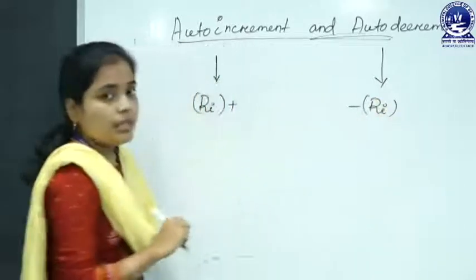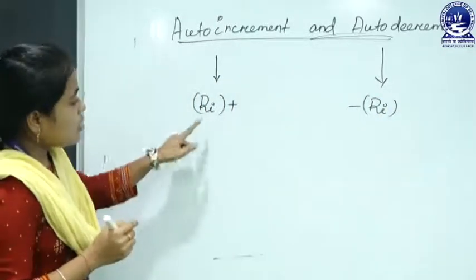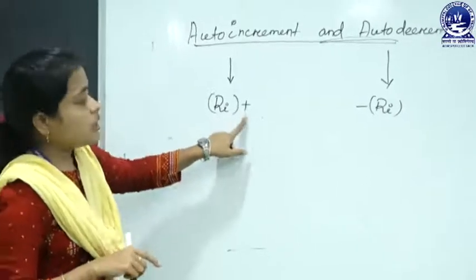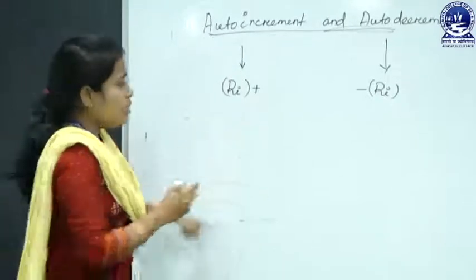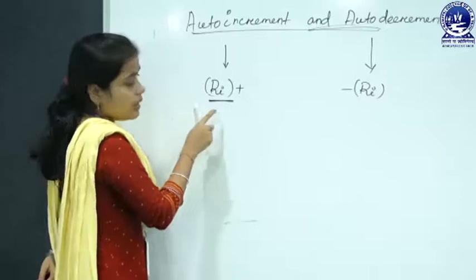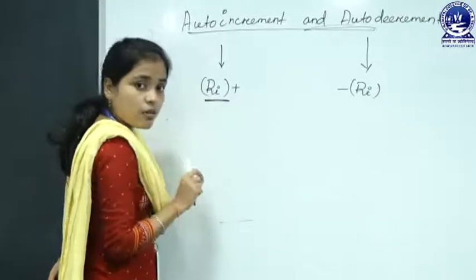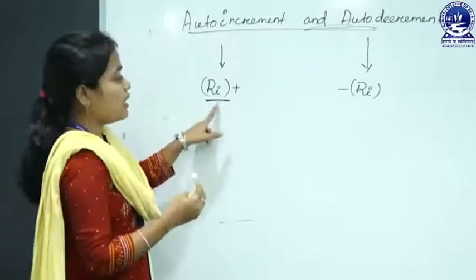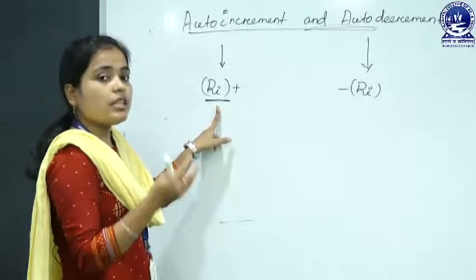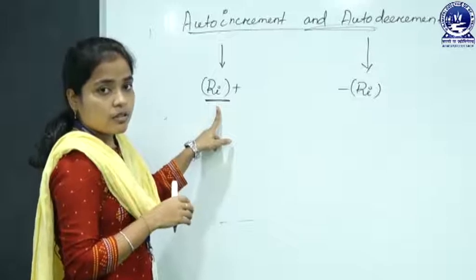As you can see, first we have to fetch the operand, then we have to increment the value. Here also this Ri is a pointer register, and that register contains a memory location and we have to increment that location. We are not going to increment the value which is contained in that memory location.